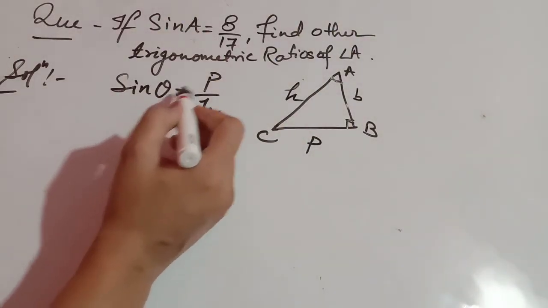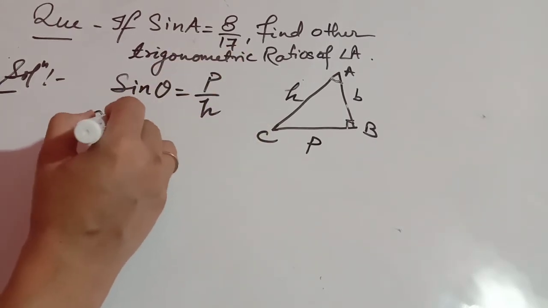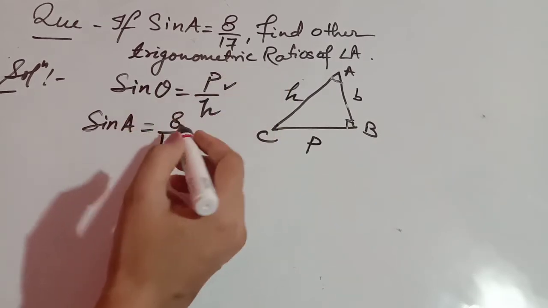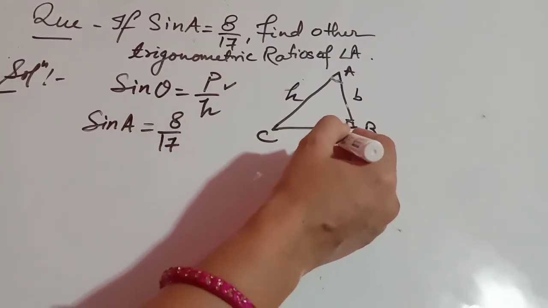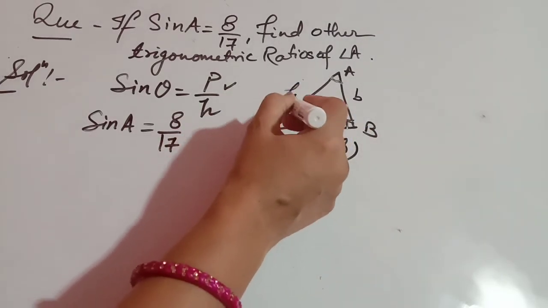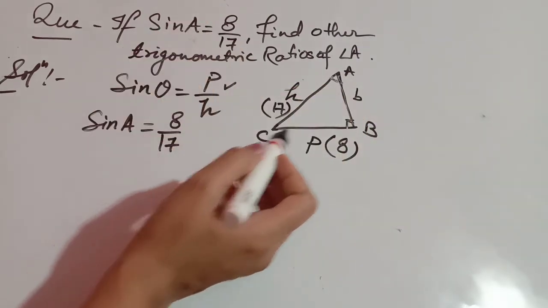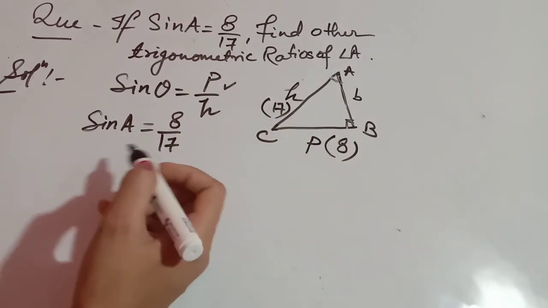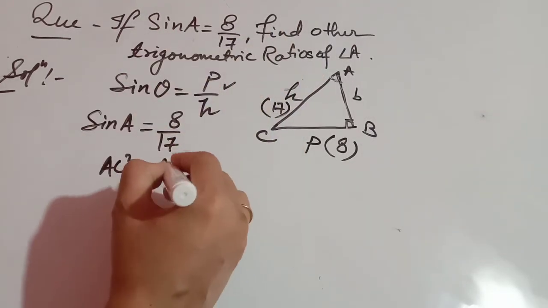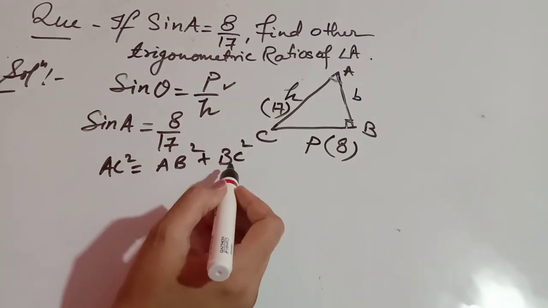Now sine theta is equal to P by H. It is already mentioned sine A is equal to 8 by 17, means P value is 8, and H is 17, so hypotenuse is 17. First you have to find your base. Use the Pythagoras theorem. By Pythagoras theorem, AC square, that is your hypotenuse square, is equal to AB square plus BC square, and we have to find AB square.